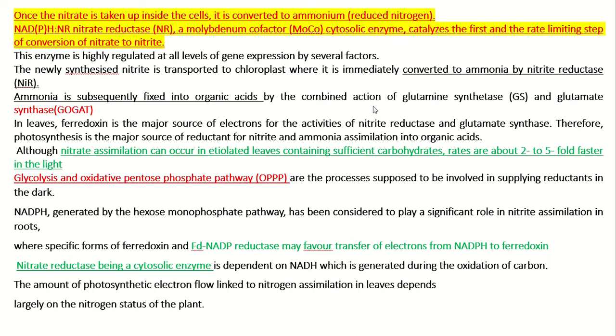As you know in biochemistry, wherever you find reduced, it is NADPH. So for nitrate, NADPH and NR: nitrate reductase, with molybdenum as a cofactor. So cytosolic enzymes catalyze the first rate-limiting committed step in the conversion of nitrate to nitrite.